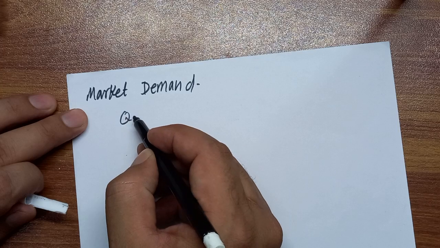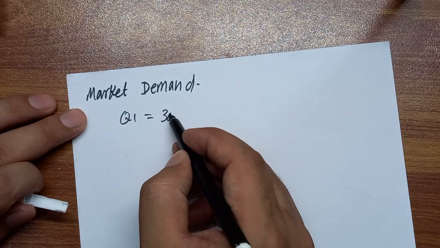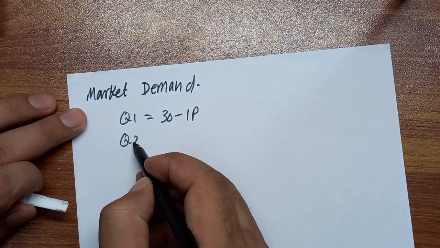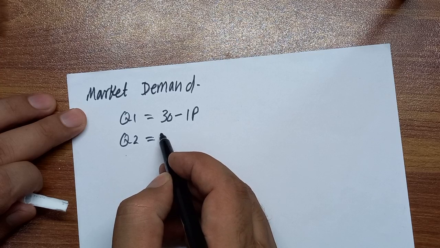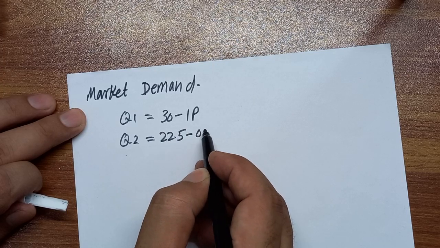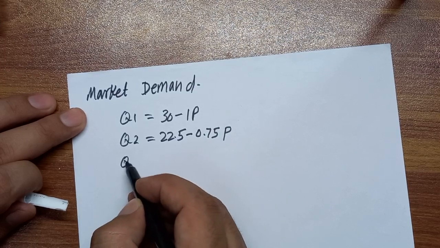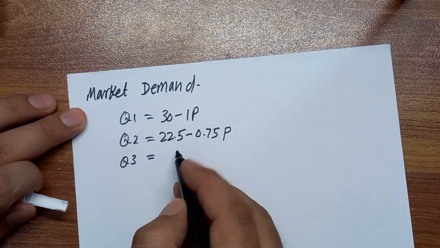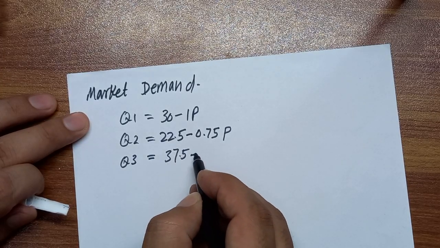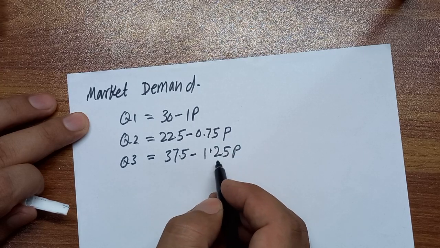For example, Q1 is equal to 30 minus 1p, Q2 is 22.5 minus 0.75p, and Q3 is equal to 37.5 minus 1.25p.